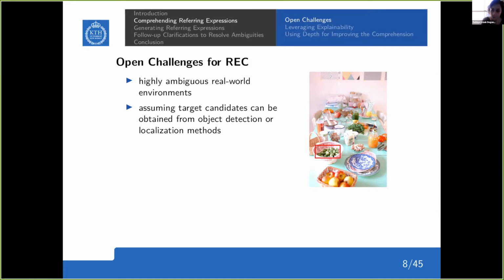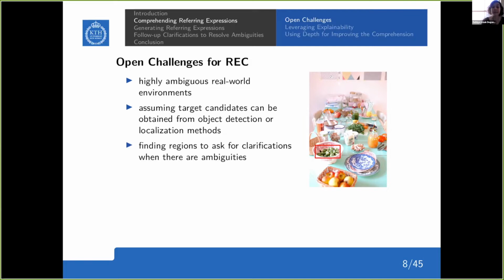Like in here, if your target is Brussels sprouts, it's almost impossible to detect them with the existing object detectors, because the existing detectors might work for mugs or plates, but it's not easy to detect these Brussels sprouts, basically. So whenever this is not in one of the candidate lists, the robot wouldn't even consider this part as the target object, so it won't be able to find this target object whenever the user describes it.